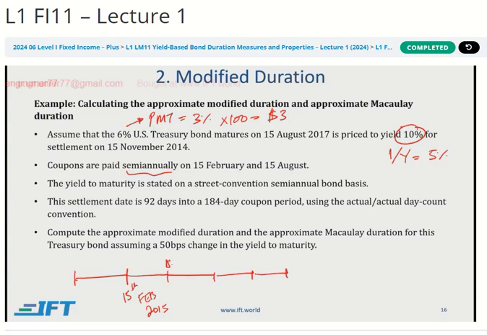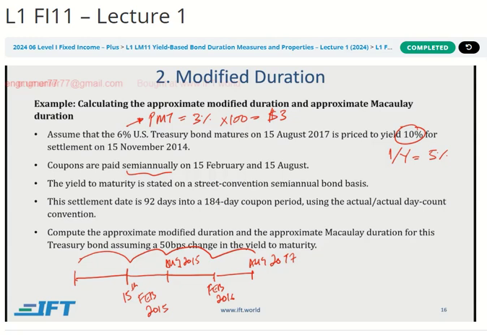So this is August 2015, and then Feb 2016, and then August 2017, right? And then it's going to mature. So what n are you looking at? You're looking at 1, 2, 3, 4. Is that right? 15th Feb, 15th August, and then 15th Feb to 15th August.